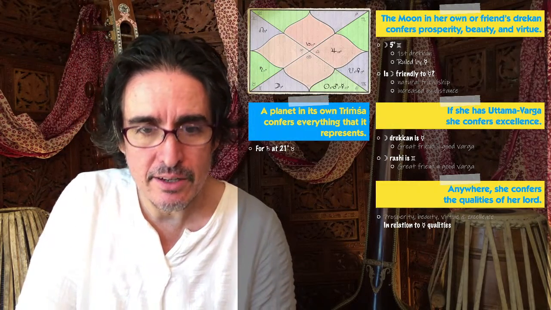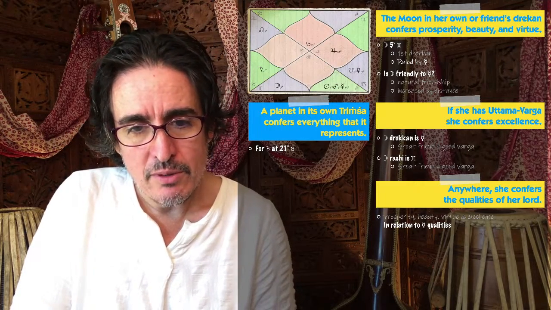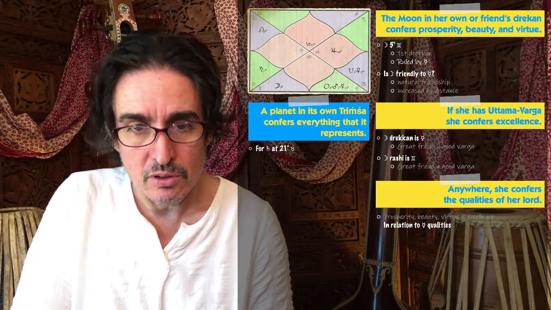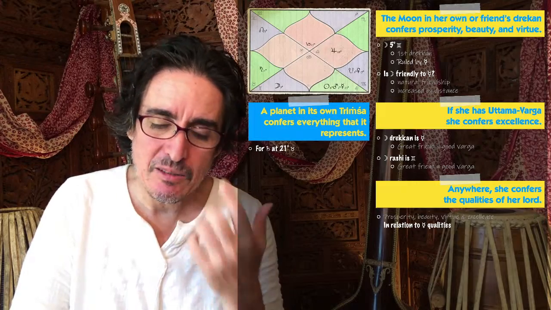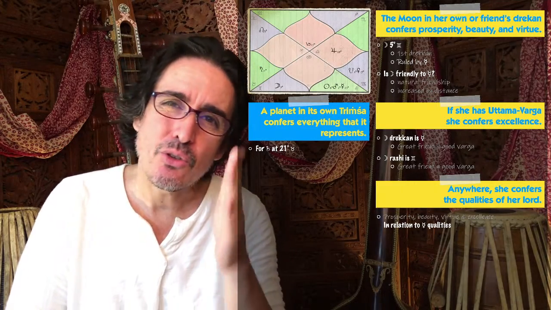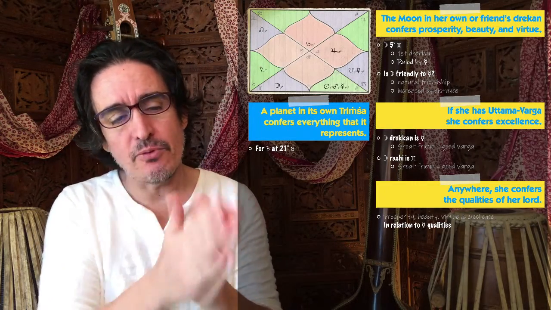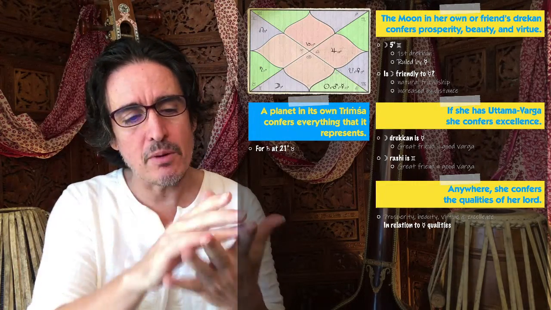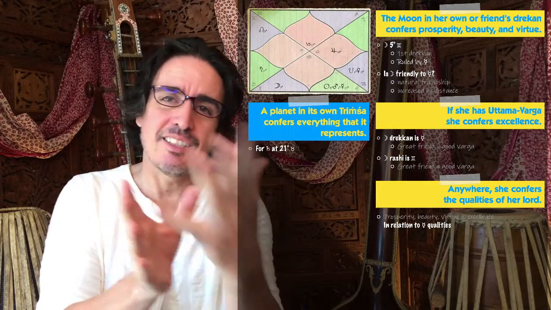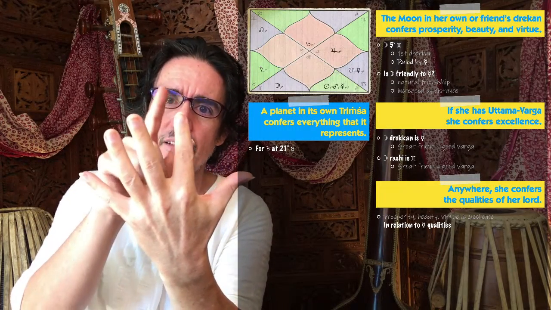Look at Saturn. Saturn is at 21 degrees of Taurus. So let's work that out. Let's figure out what Trimsha that's in. Taurus is female. The Trimshas go in a certain order. The easiest way to do Trimshas, like I said before, is Mars and Venus on the edges.